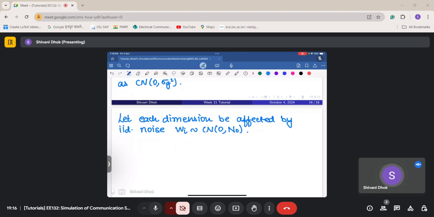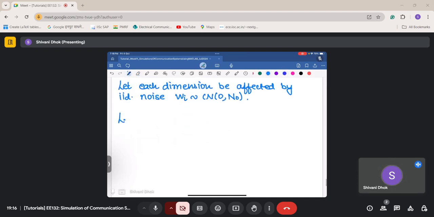In order to be very precise, let vector y equal y1, y2 be the received signal. Now this y1 and y2 will change based on what we have transmitted.